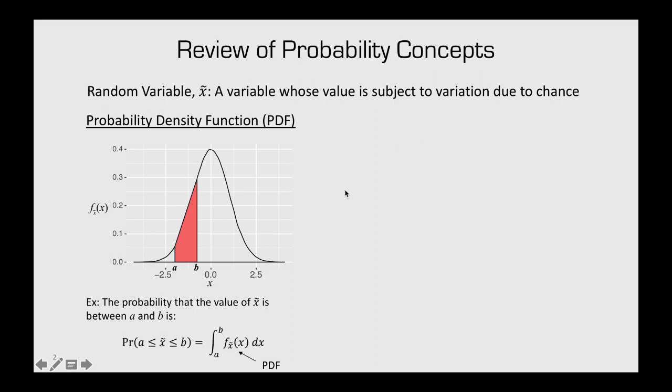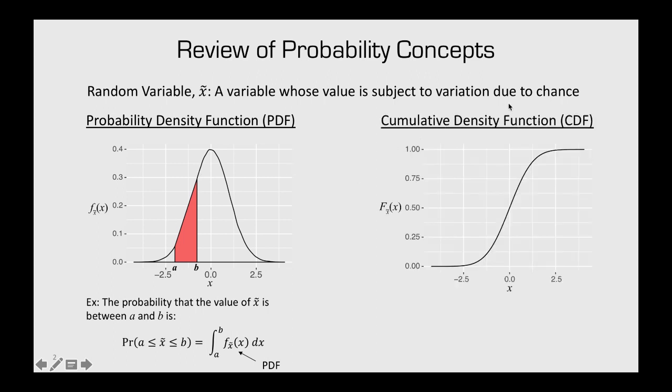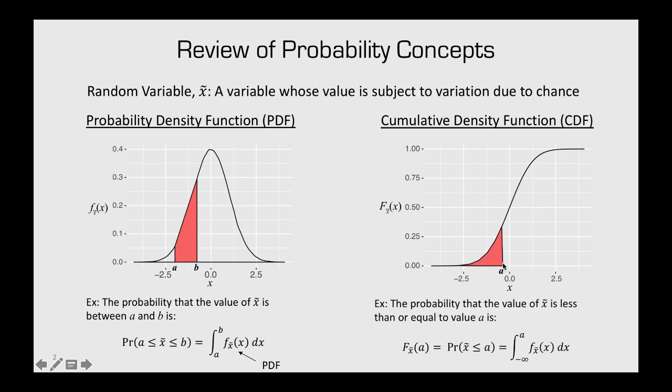Another function that's useful for us is the cumulative density function, or the CDF. So the CDF is saying, what is the probability that x is less than or equal to some value x? So in this case, if we want to know the probability of a value being less than a, then we're integrating the PDF from negative infinity up to point a.